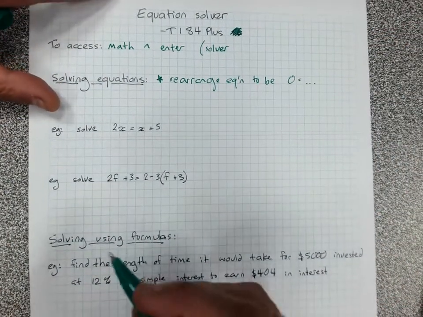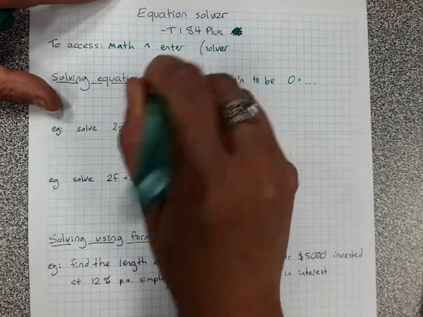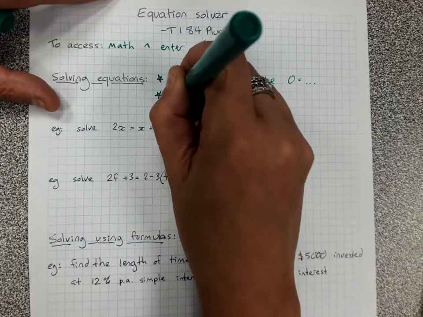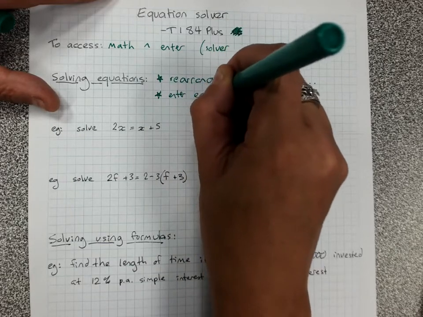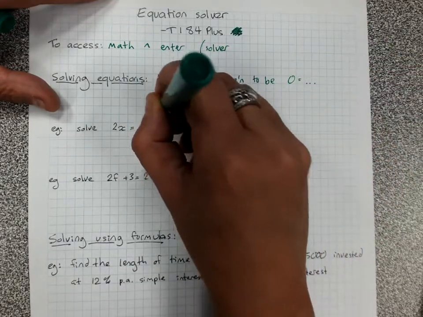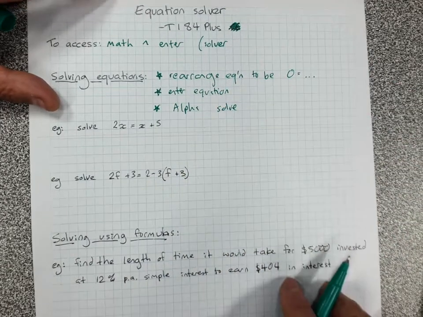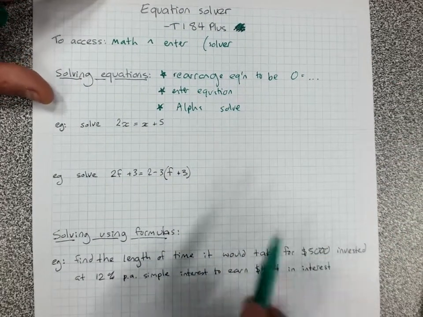We enter the equation in using the alpha key for unknowns, and we do alpha solve to get the answer.